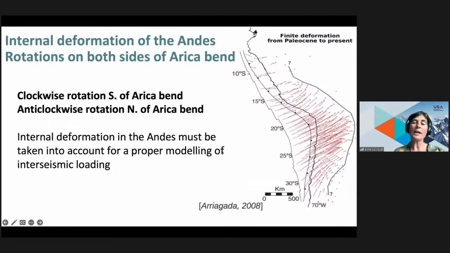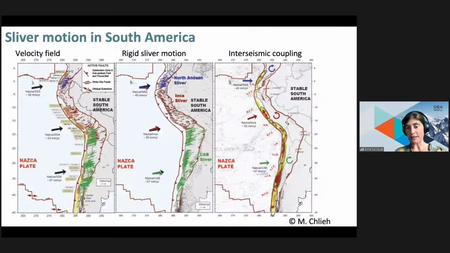But the classical way to model this internal deformation, or GPS modeling, is to do the following. This is again a figure from Mohamed.